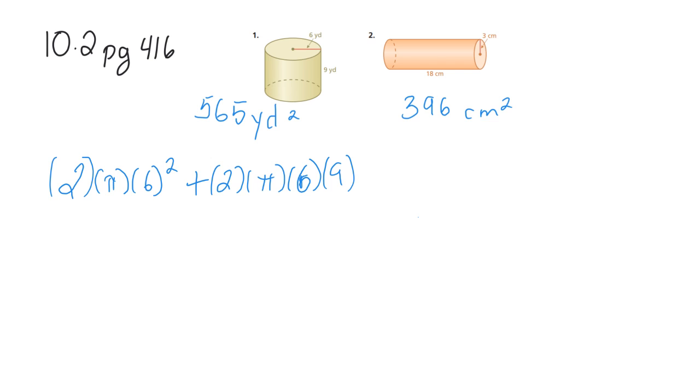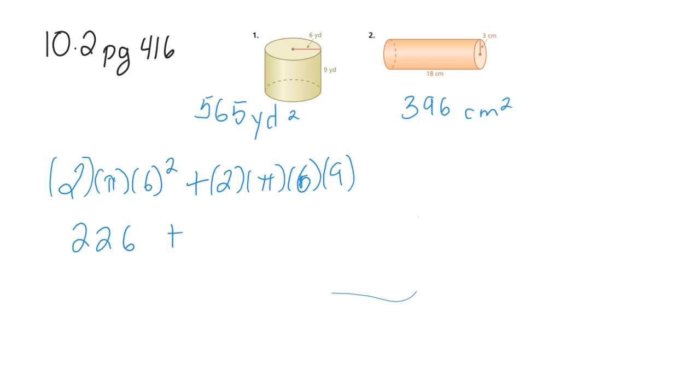2 times pi times 6 squared, which is 36, would give us about 226. I'm just rounding to the nearest whole number here.